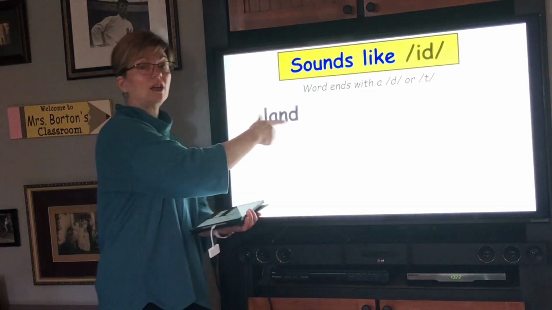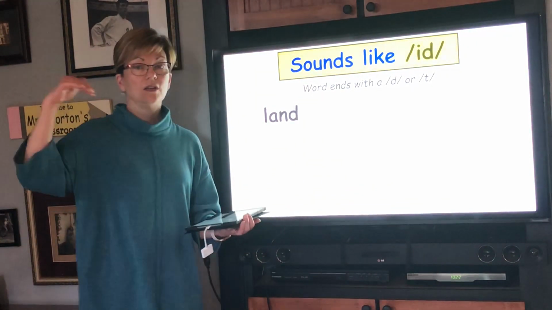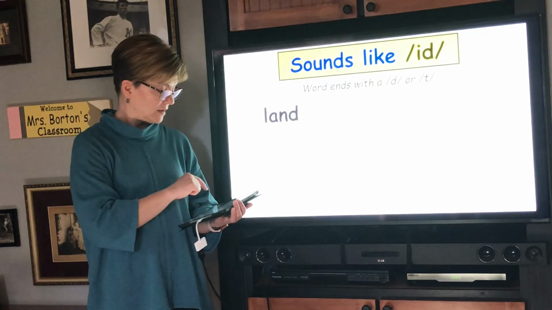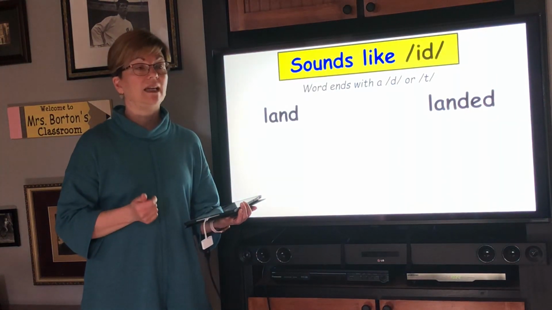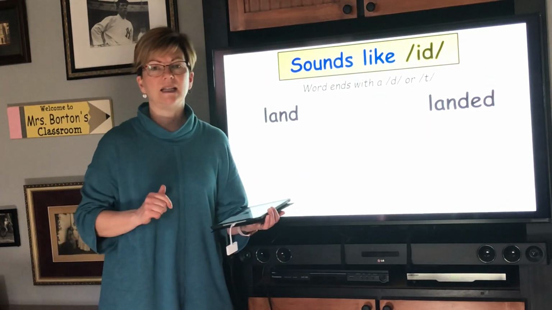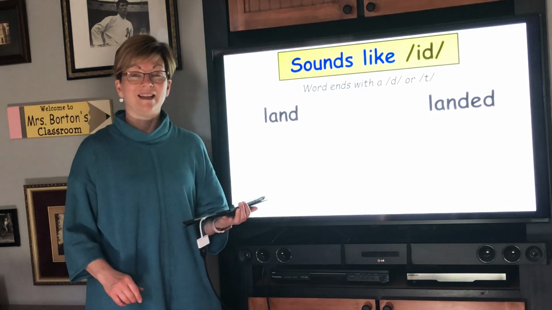Here's an action word. I could land in the airplane, so I could land right now, but yesterday I might have landed. Did you hear that id sound? Landed. I landed in the airplane.